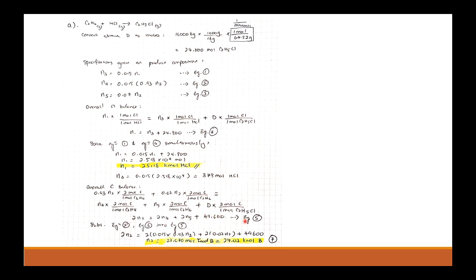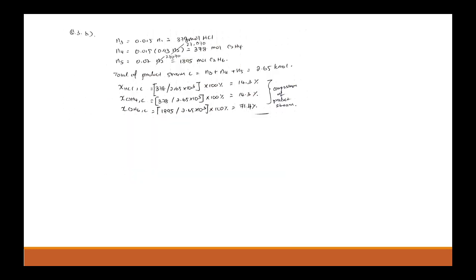Simplify your equation to get equation 5 as so, and then we can substitute equation 2 and equation 3 that contains N2 over here to equation 5 and solve for N2. Okay, with N2 and N1 being solved, we can solve for N4 and N5. We have already solved for N3. So N3 here, solve, N4 and N5.